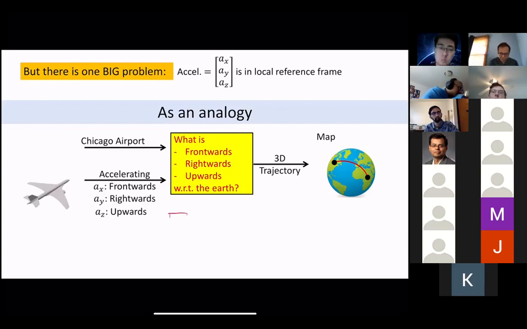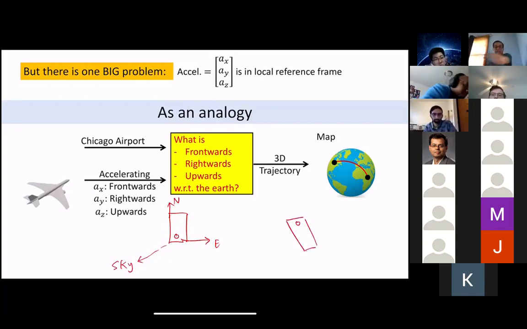If the phone is oriented like this, then the phone's X is this way, which is maybe east. The phone's Y is north. The phone's Z is towards the sky. But if the phone is oriented this way, because the plane is actually pointed that way, then the phone's X is this, which is some southwest.